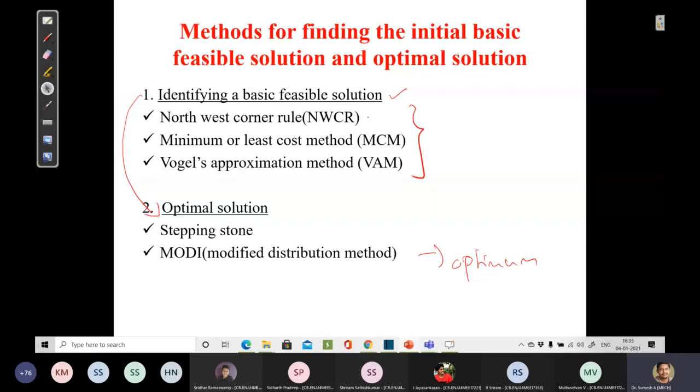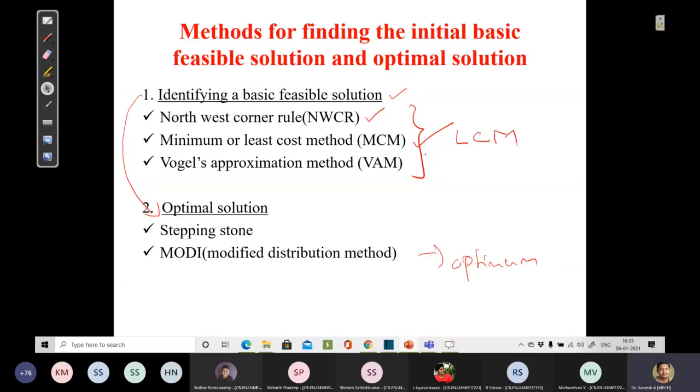The next one is called the minimum or least cost method. MCM is minimum cost method, sometimes also called least cost method. And the third one is called Vogel's approximation method, the VAM technique.